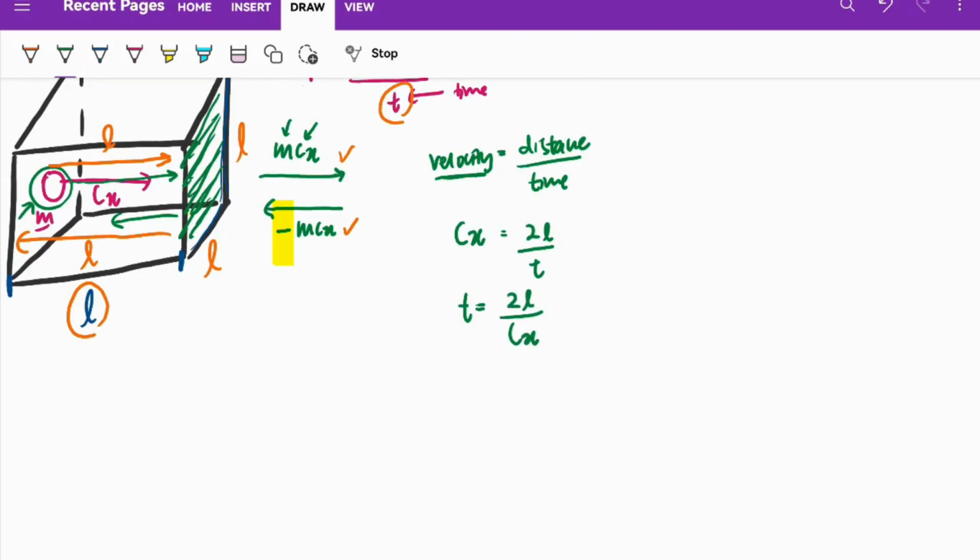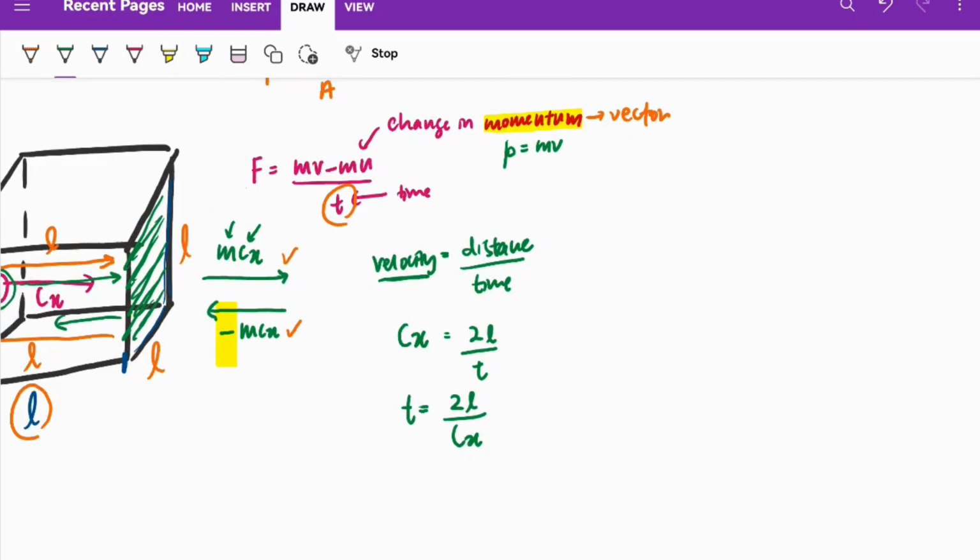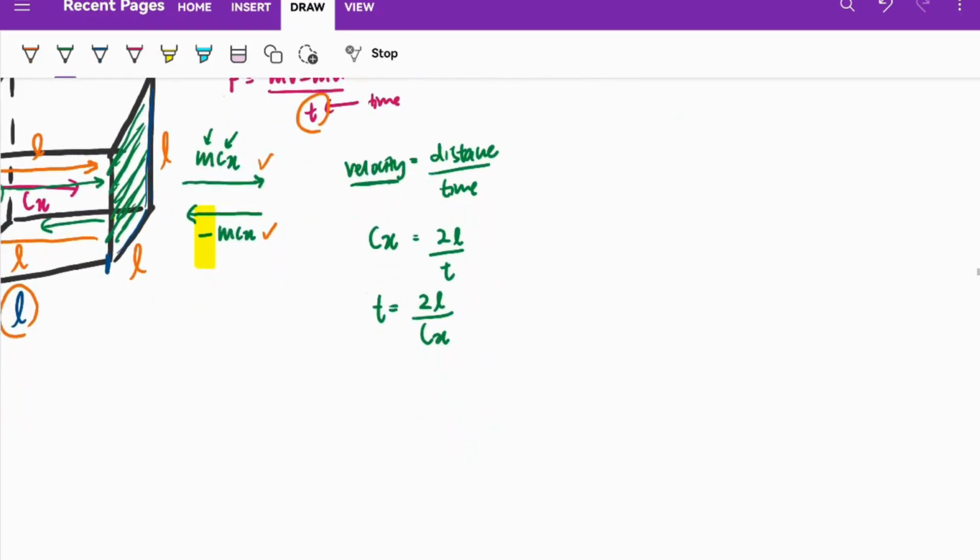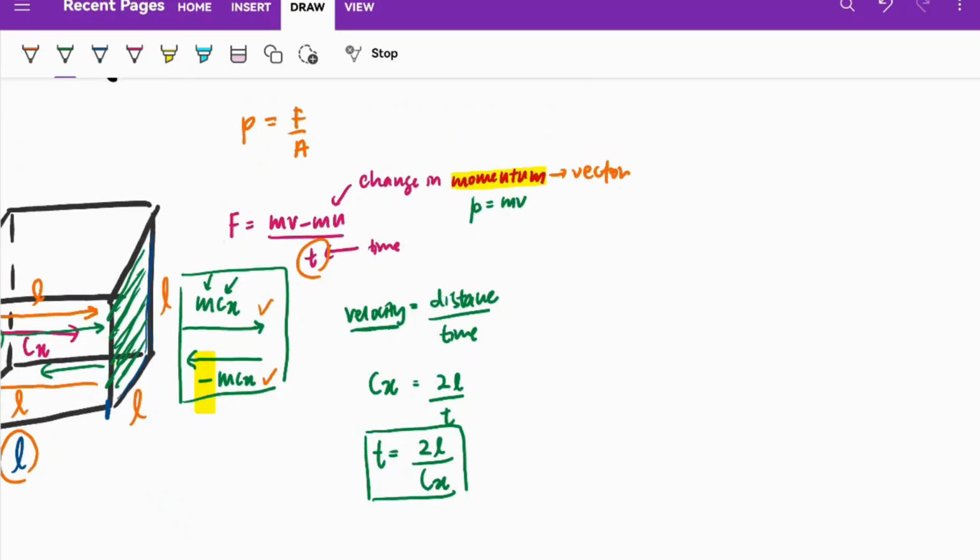Now can we sub this into the pressure formula? Of course we can. But before that, we'll take it slow, step by step. We sub into the force formula first, then we go into the pressure formula.